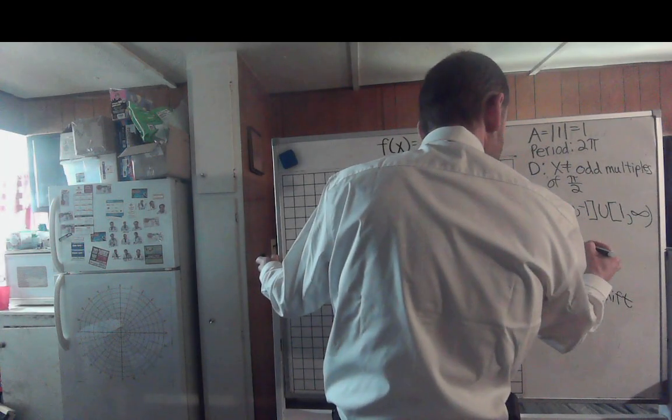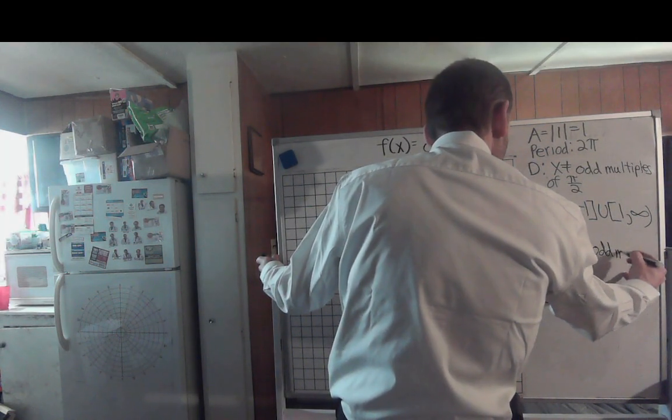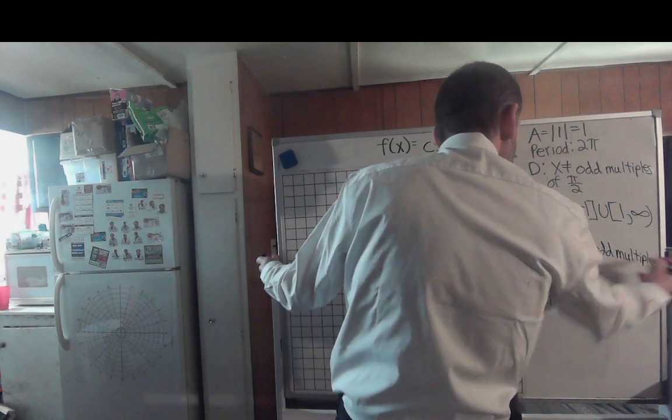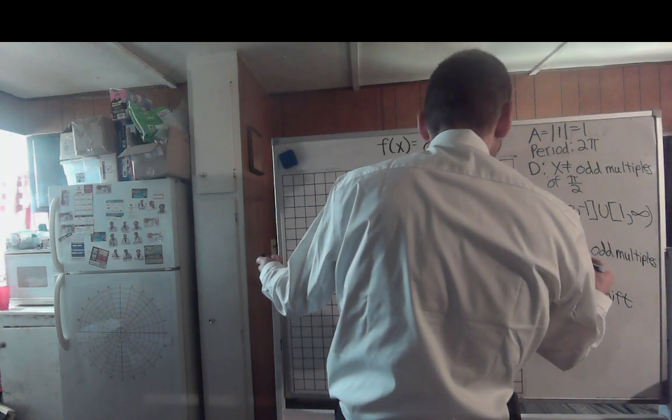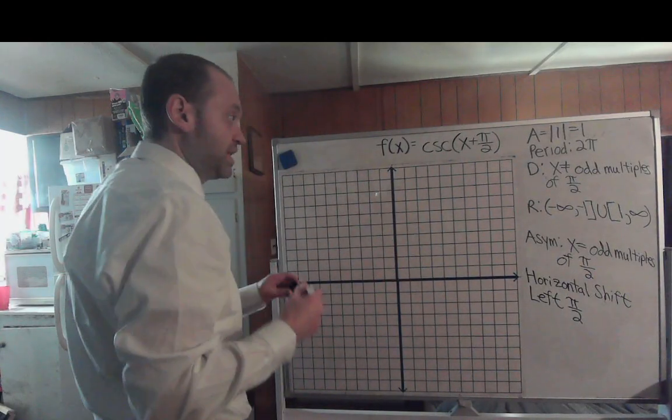Which means the asymptotes will be x equals odd multiples of pi over 2. So suddenly, this is going to behave a lot like a secant function, even though technically it's still cosecant.